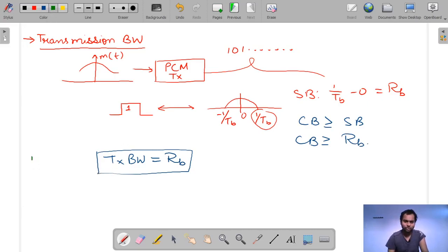So for a rectangular pulse, transmission bandwidth will be RB, that is the bit rate. Bit rate is equal to n into Fs for a rectangular pulse. Okay, up to this clear? So now let's take a question.